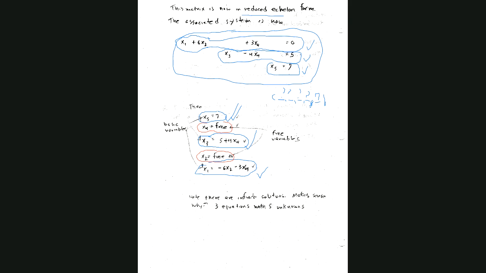You notice x3 is a function of the free variable x4, and x1 is a function of the free variable x2 and the free variable x4. So there are 3 basic variables and 2 free variables in this problem. Are there any questions on that?